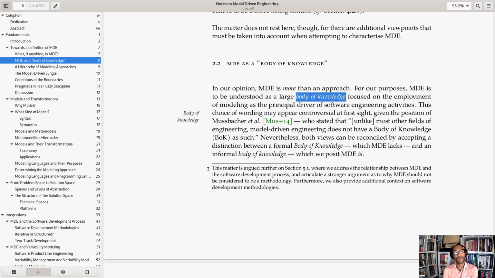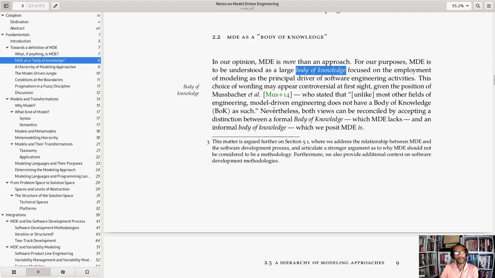But as a scientist or an engineer or one of those professions, you tend to think of a body of knowledge as the set of concepts that go together with the field.